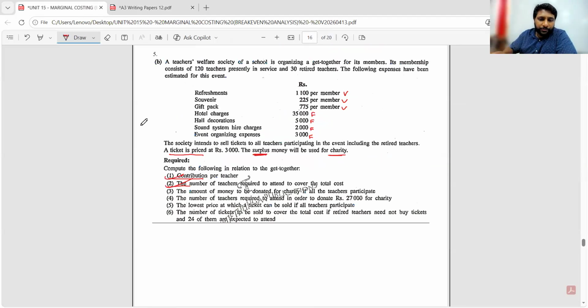Question 4. Okay, now listen. The number of teachers required to attend in order to donate 27,000 to the charity. In our language, you tell me, what are they asking?